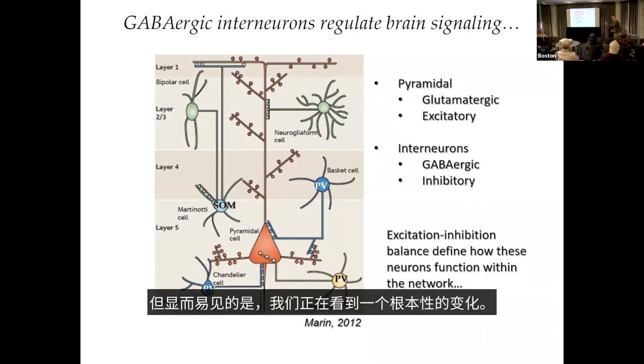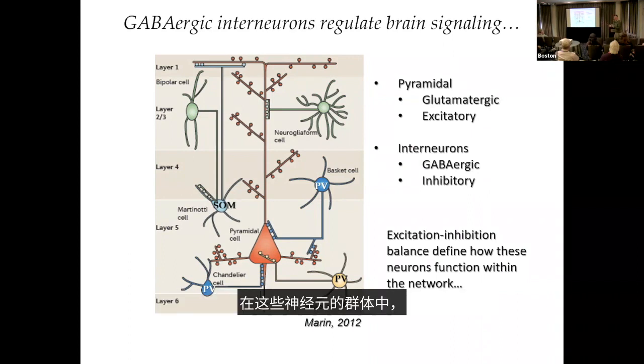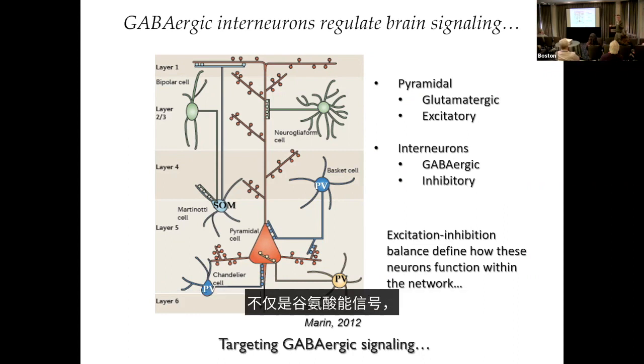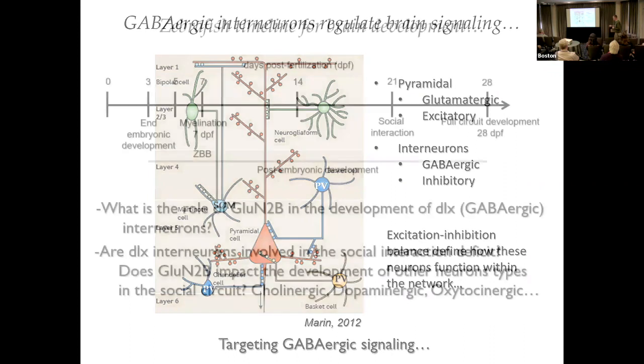What is clear is that we're seeing a fundamental change in the population of these neurons, and that may or may not contribute to this social interaction deficit. So it suggests maybe we should think not only of glutamatergic signaling, but also GABAergic signaling in treating patients.